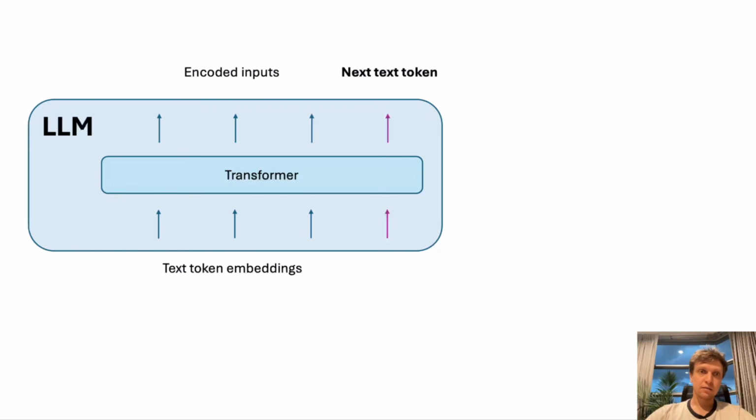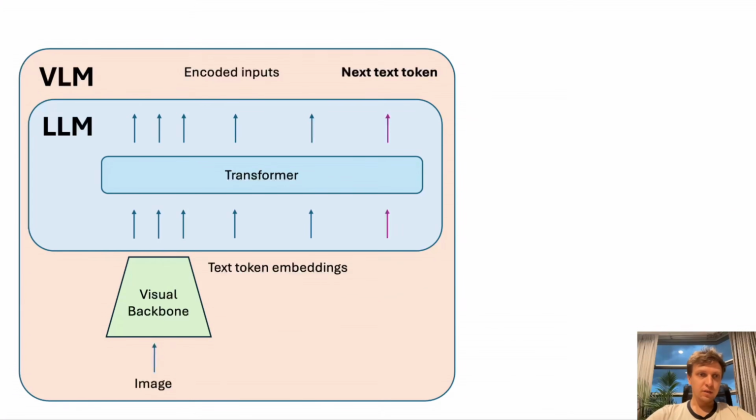And it's repeated autoregressively. So you predict the next token, then you use this next token as the last input, and you predict the next token and next token and next token, and so on and so forth. So this is how transformers work, and how LLMs work overall. It gets some text as input and then predicts the next text token.